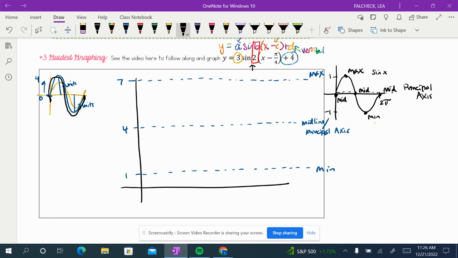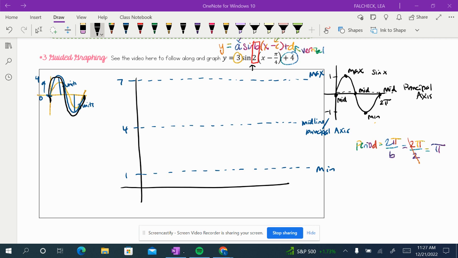The relationship between B and the period is as follows. In a trig function, the period is equal to 2 pi over B. And the B is coming right from the equation. The B is 2. So I'm going to substitute that in and find out what the period is going to be. 2 pi divided by 2 is leaving me with just a plain old pi. So that means this graph is going to complete one full cycle in pi units.